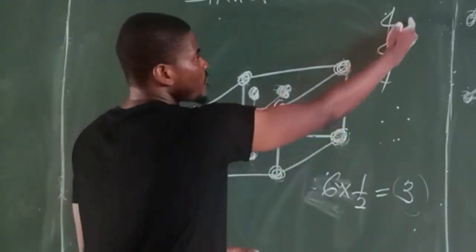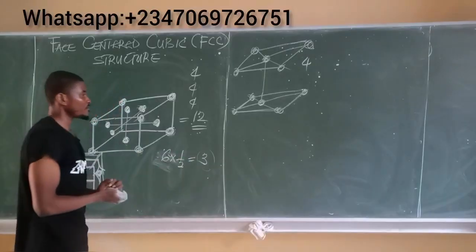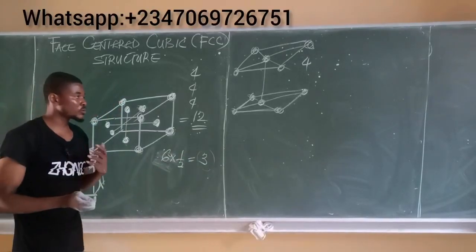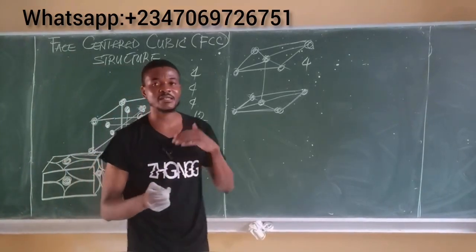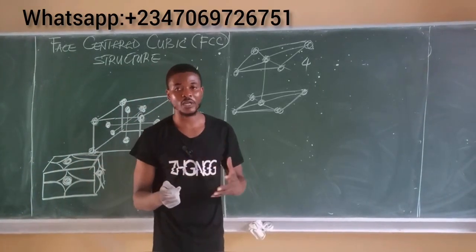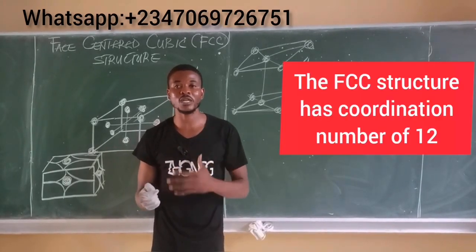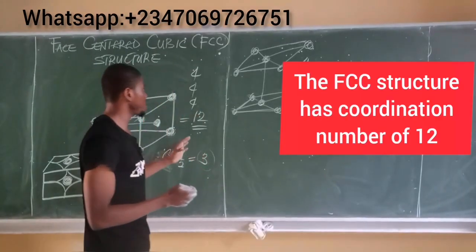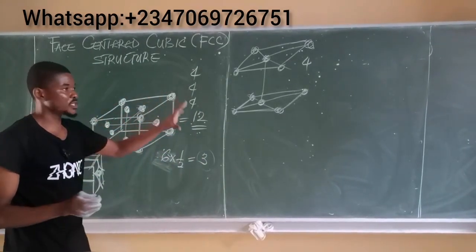So if you add them up, 4 plus 4 plus 4 gives us what? 12 atoms. So, by definition of coordination number, the total number of atoms which a central atom shares becomes the coordination number. Hence, the face-centered cubic structure has a coordination number of what? 12, because each of these central atoms is sharing 4 atoms on each face.